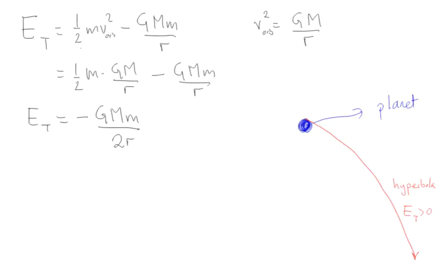If I gave it enough energy so that the total energy of the object is 0, then it also ends up leaving the gravitational pull, and at infinity it will just stop.